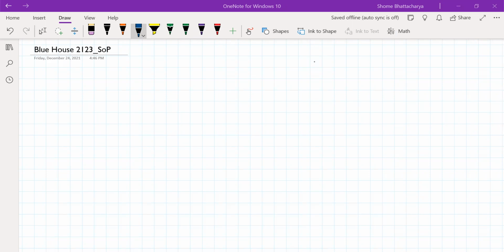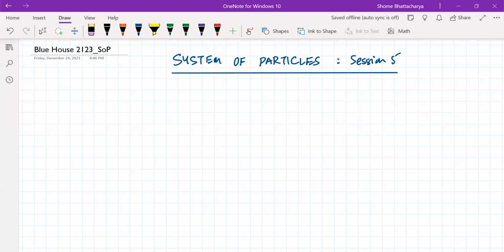Okay. So let's get started with a little bit more of integration examples first. We saw that for continuous mass systems, we use this formula for the position of center of mass.